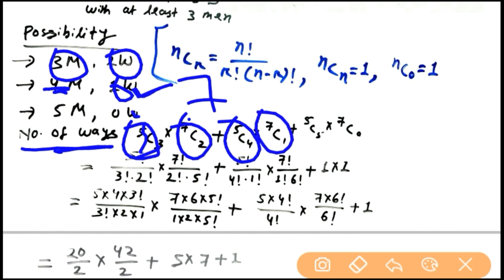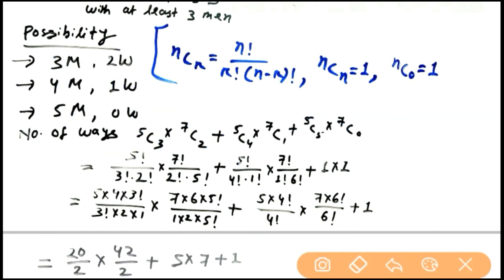Now for the last one we have 5C5 because 5 men are selected, and we have 7 women, we selected 0 women, so 7C0. 5C5 is 1 and 7C0 is 1. So 1 into 1.